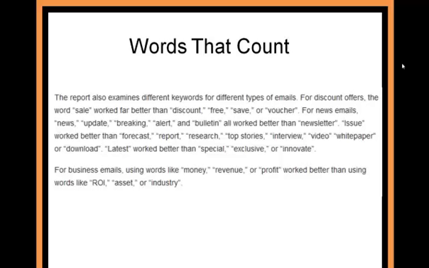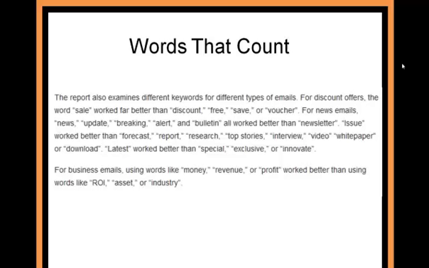For discount offers, the word sale, okay, S-A-L-E, worked far better than discount, free, save, or voucher. So knowing that, you don't want to use discount, free, save, or voucher.